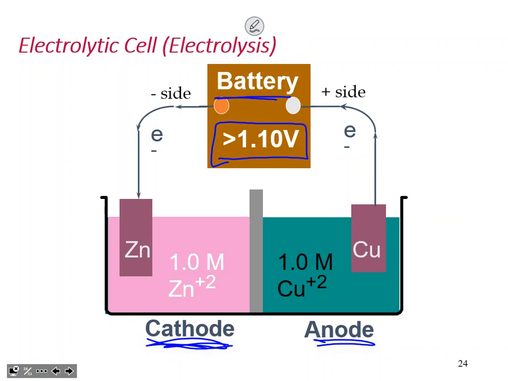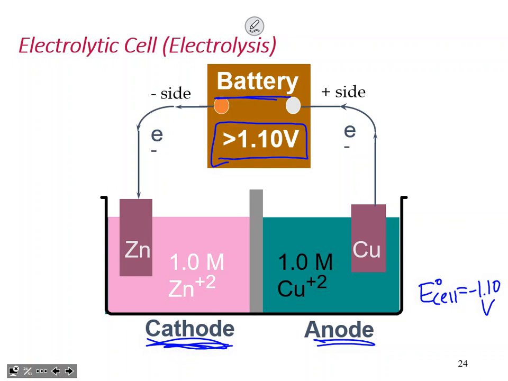It needs to overcome, because if the galvanic cell was 1.1 volts in the positive direction, your E cell for this electrolytic would be negative 1.1 volts. So your battery has to be greater than that in order to make it run.